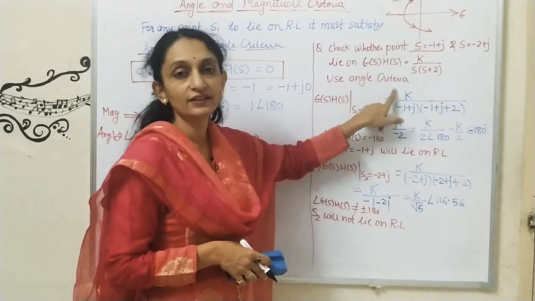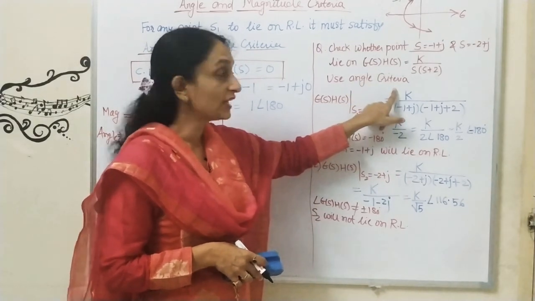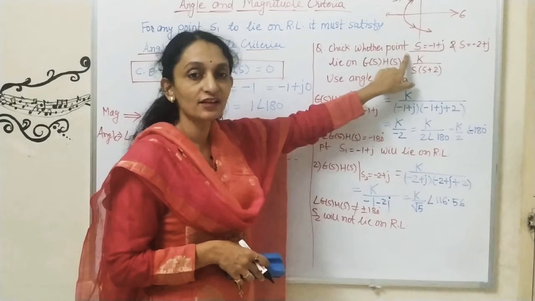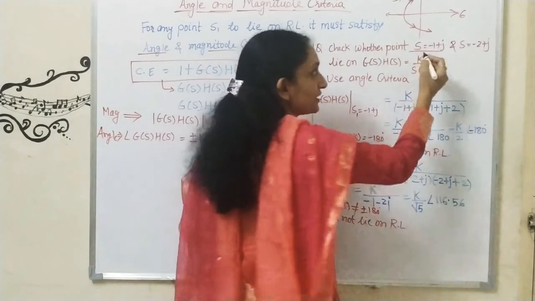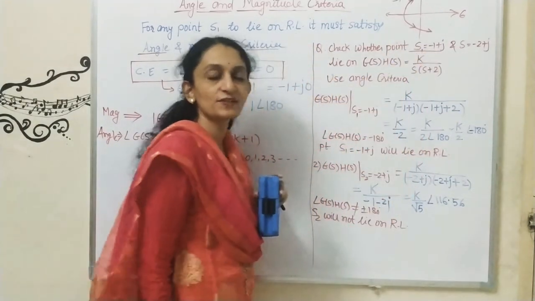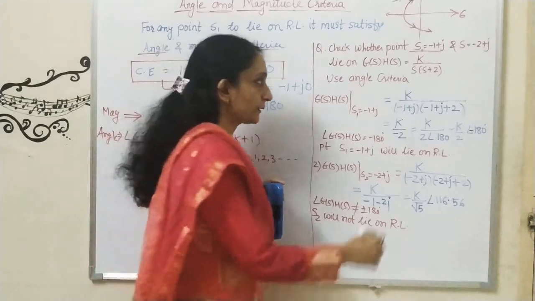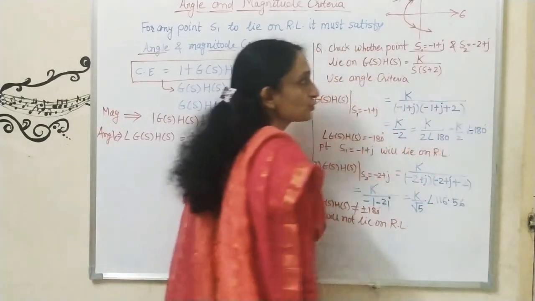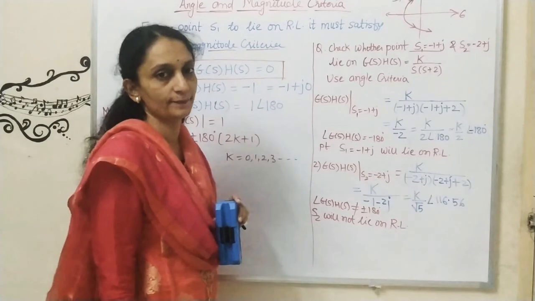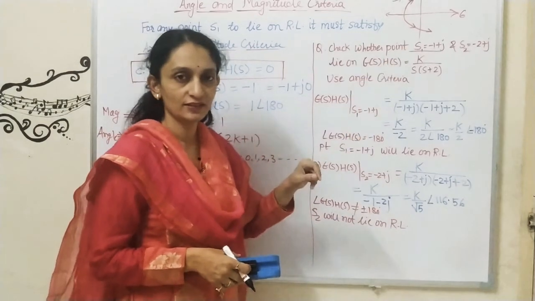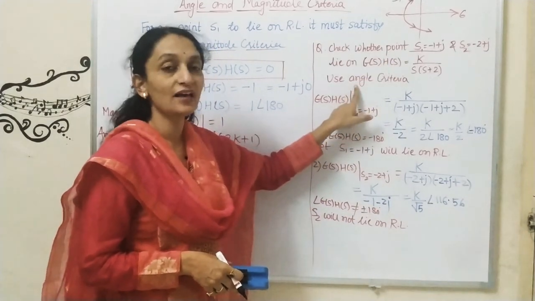Use angle criteria. Here 2 points are given. The first point is S1 equal to minus 1 plus j, and the second point is S2 equal to minus 2 plus j.